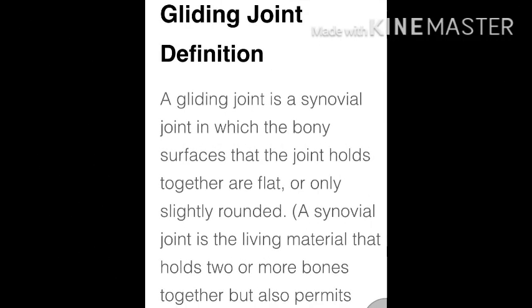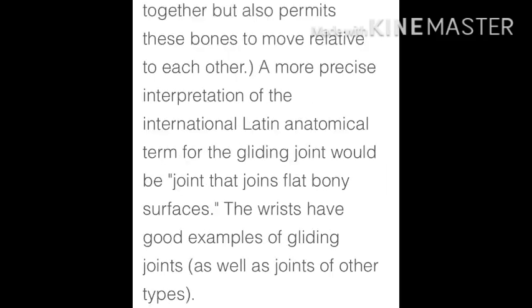Now the gliding joint. A gliding joint is a synovial joint in which the bony surfaces that the joint holds together are flat or only slightly rounded. A synovial joint is the living material that holds two or more bones together but also permits these bones to move relative to each other.